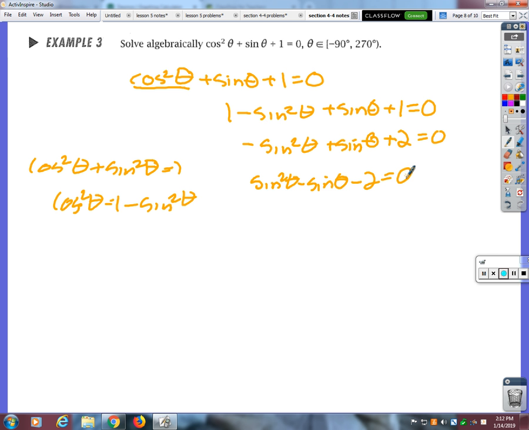All right? Okay, so all that work was to get it into a form where now I can factor this in order to solve. Okay? So what goes in front of the parentheses so that when I multiply it together, I get a sine squared? Sine and sine.